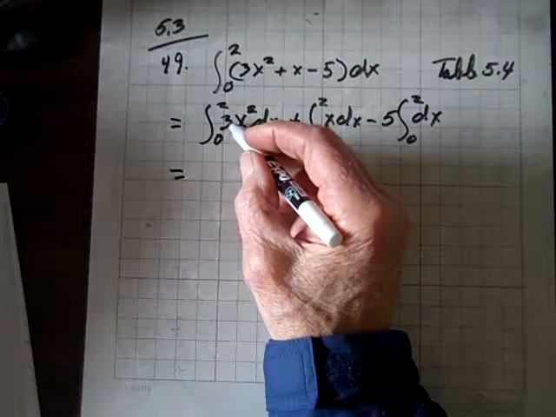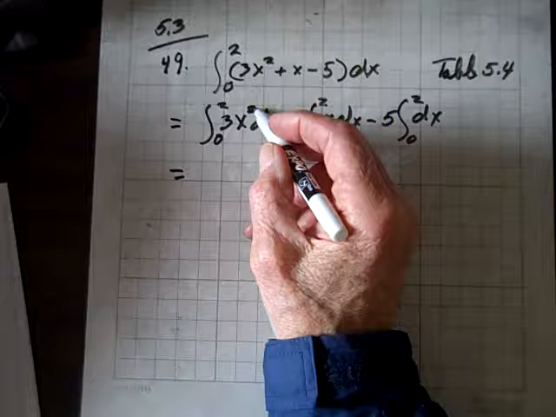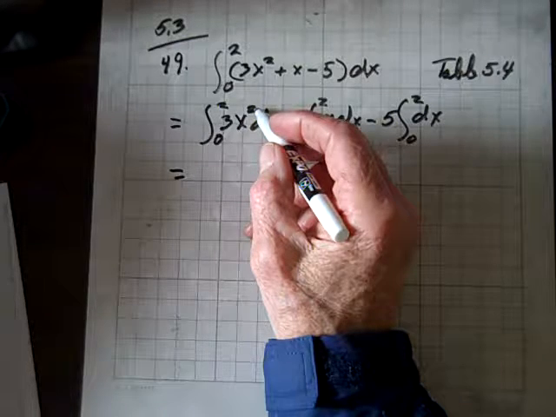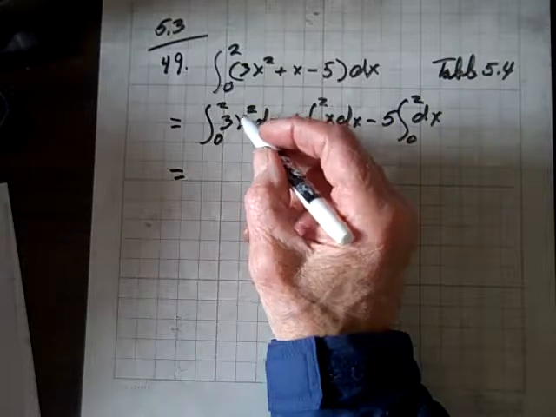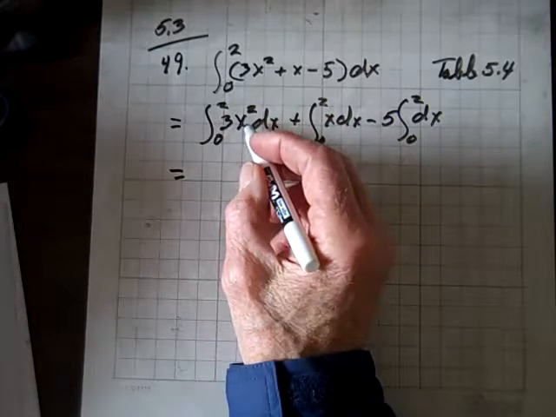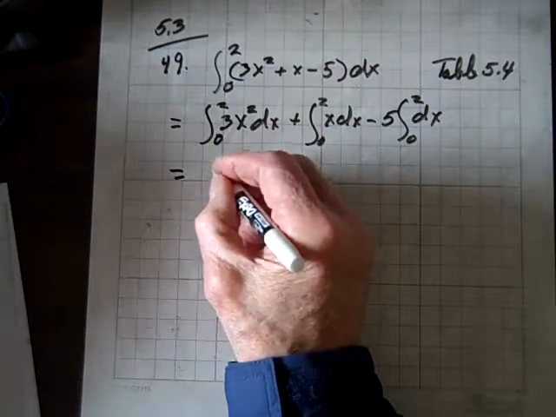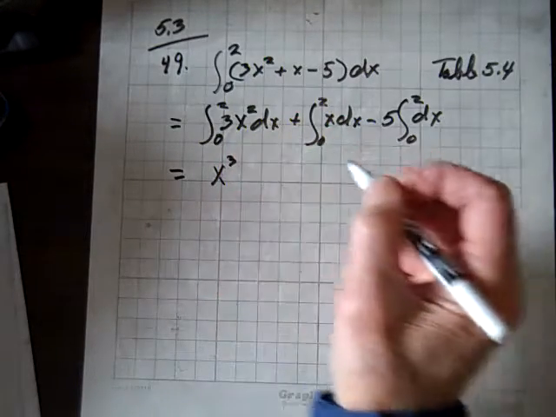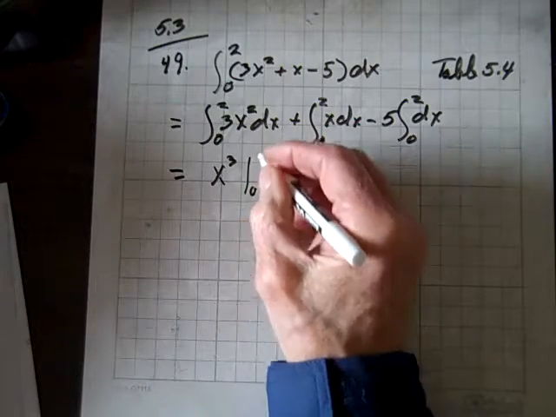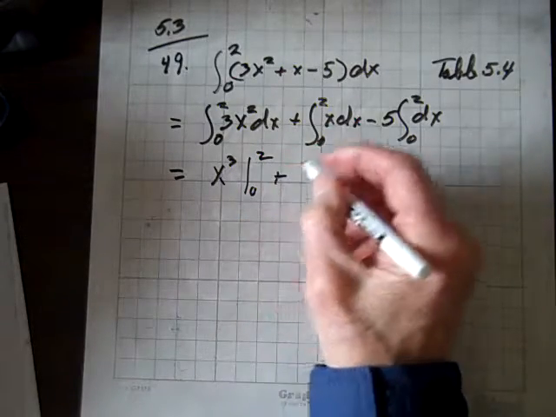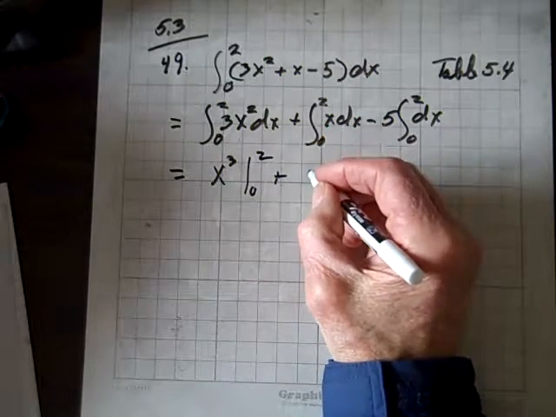And now, reversing the power rule, we know we're going to add 1 to 2, and we get a 3. So that 3 is going to go in the exponent position, because when you take the derivative of x cubed, you get 3x squared. So we'll get x cubed from 0 to 2, plus, and now we're going to add 1 to that exponent.